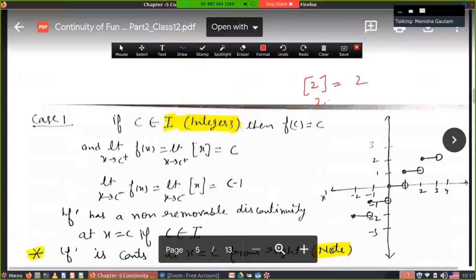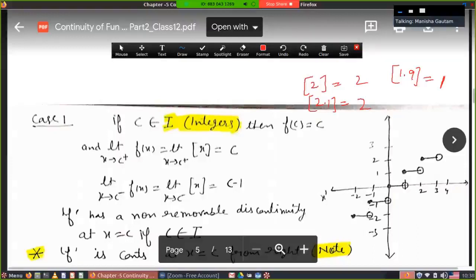Greatest integer of 2.1? 2.1 is lying between the integers 2 and 3, so the answer will be 2. Greatest integer of 1.9? 1.9 is lying between 1 and 2, so the value will be 1. The smaller integer will be the value.